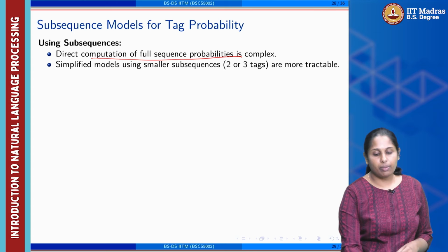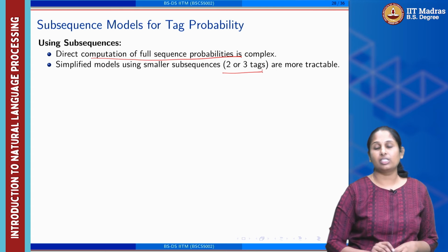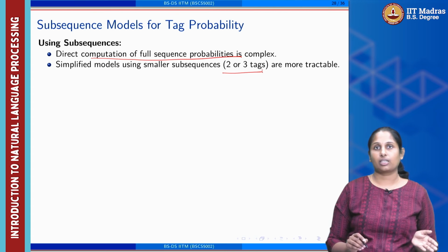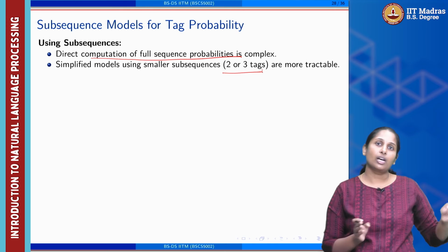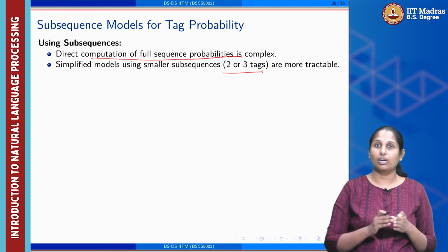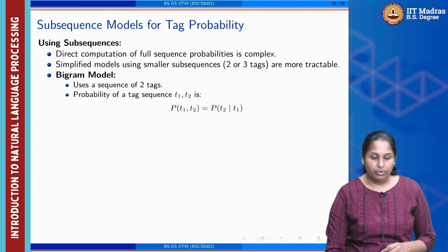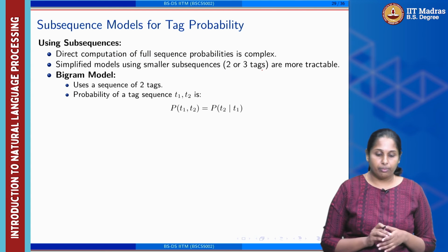So the simplified models use only 2 to 3 tags, that is backward or forward tractable, instead of going through the complete chain from the beginning of the sentence till the end. For this, bigram models are very useful.